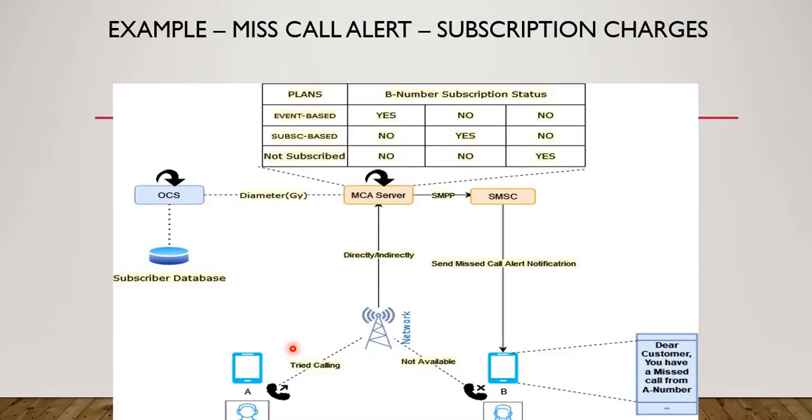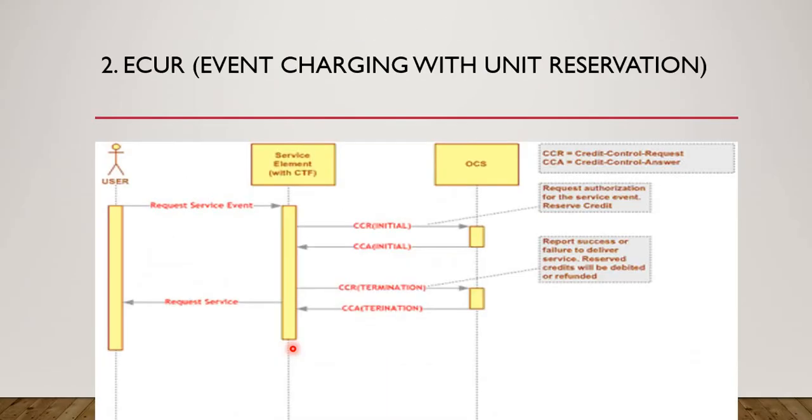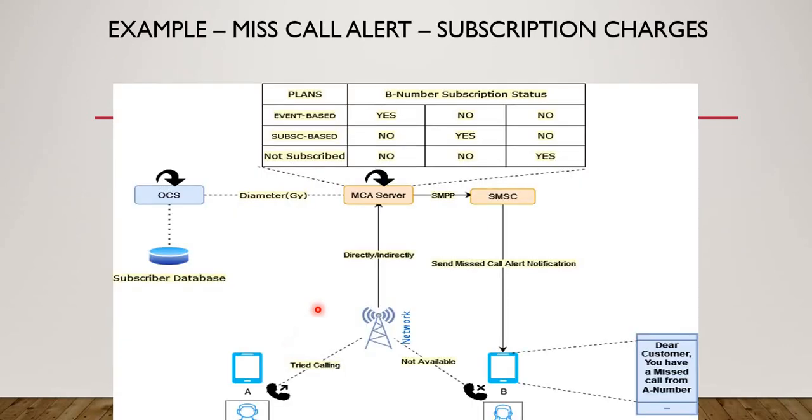I hope things are clear now. On a different note, whenever this kind of charging is happening, all the respective elements are creating CDRs. OCS is creating a CDR, MCA is creating a CDR, the network is creating CDRs, and all these CDRs go to the mediation server.